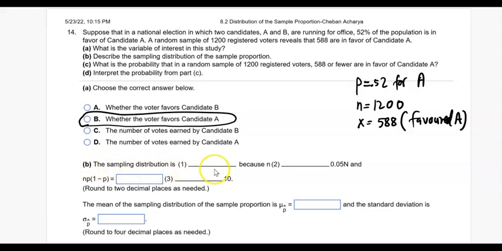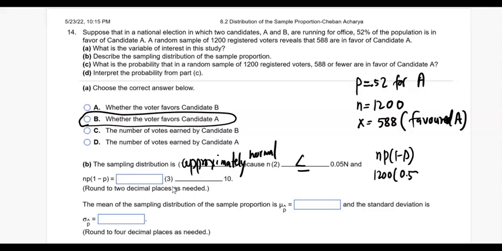Again, you have to check the criteria. We should say the sampling distribution is approximately normal. The first criterion is that n is less than or equal to 0.05 of the population. Then np(1 minus p): n is 1200, p is 0.52, 1 minus 0.52, and if you multiply this you get 299.52, rounded to 2 decimal places.